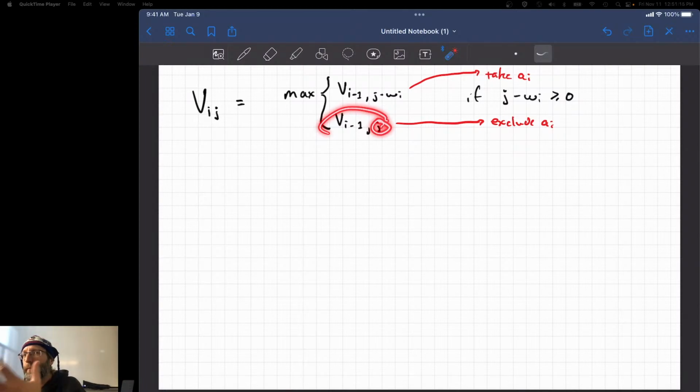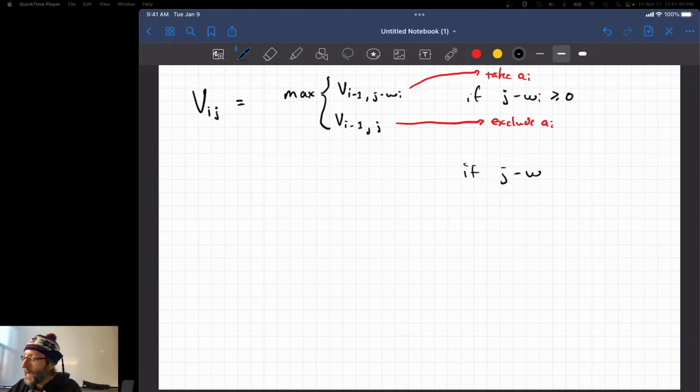You're saying, all right, I don't know if I should take it or not, so I'm going to go ahead and record whatever the previous maximum value was, and then later on, if there's a better choice, then I'll go ahead and use that weight capacity for a better item. Right?